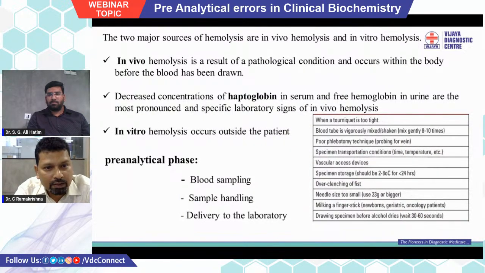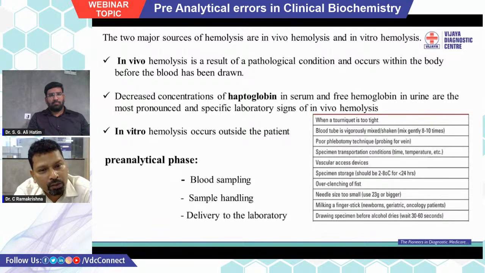Coming first to the hemolysis sample, hemolysis is of two types. In vivo hemolysis occurs within the body, and it is due to decreased haptoglobin, and the presence of urine hemoglobin is very much diagnostic.